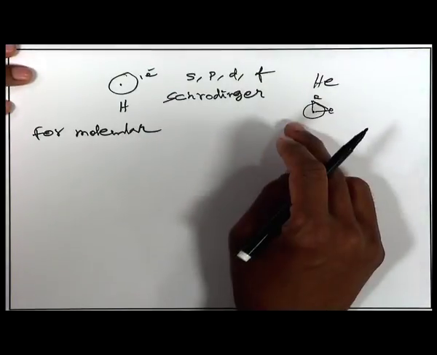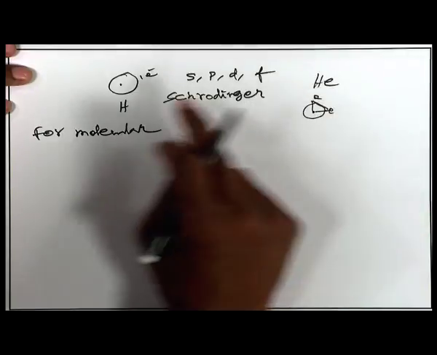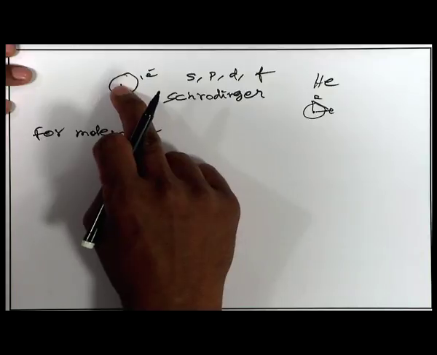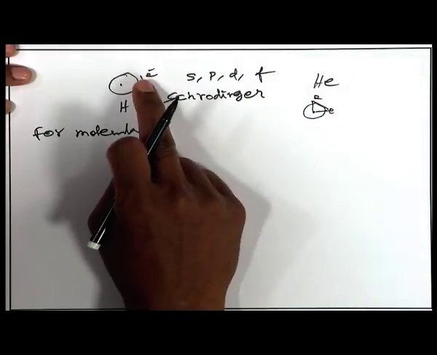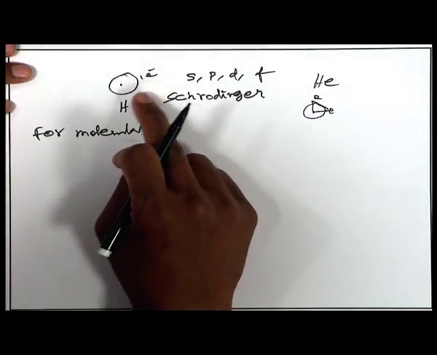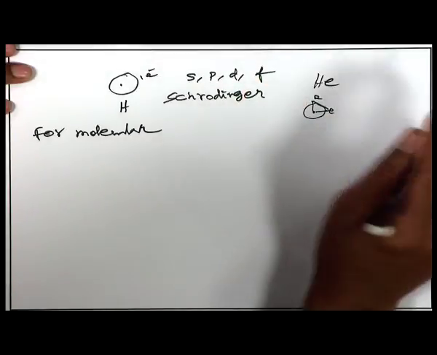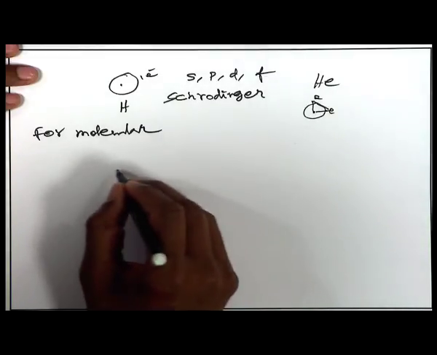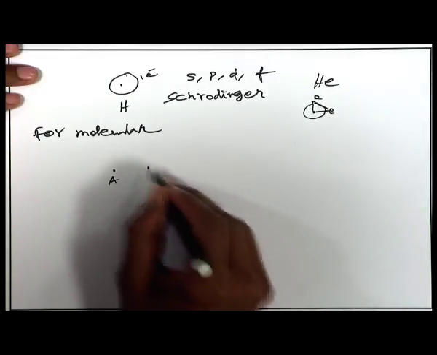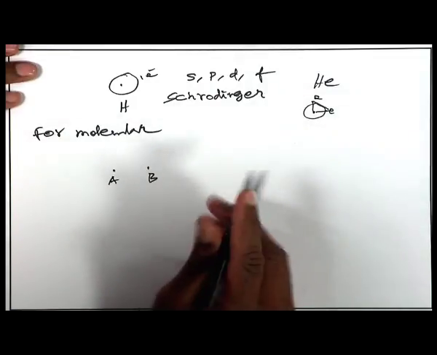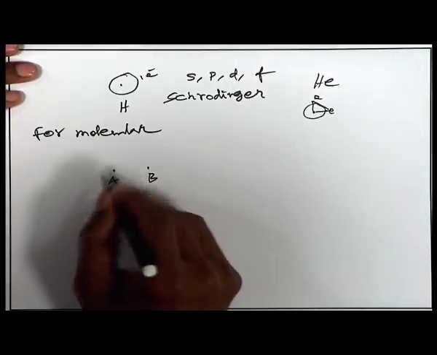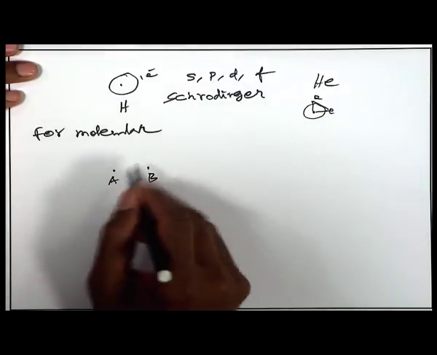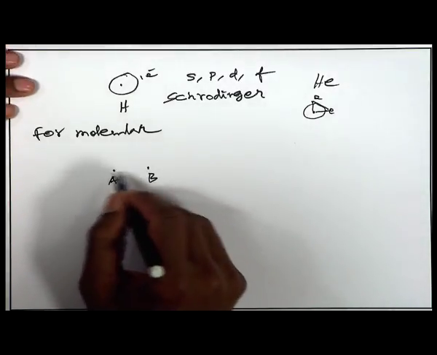If you follow the same way as for atoms, when you build up the higher atoms, you are adding a proton to the nucleus and an electron to the outermost orbital. That way you can build up atoms. The same way you can build up molecules by fixing the nuclei. For example, nucleus A and nucleus B, as in an AB molecule, and then you have to add electrons to the energy levels, that is, the molecular orbitals, the orbitals formed by molecules.